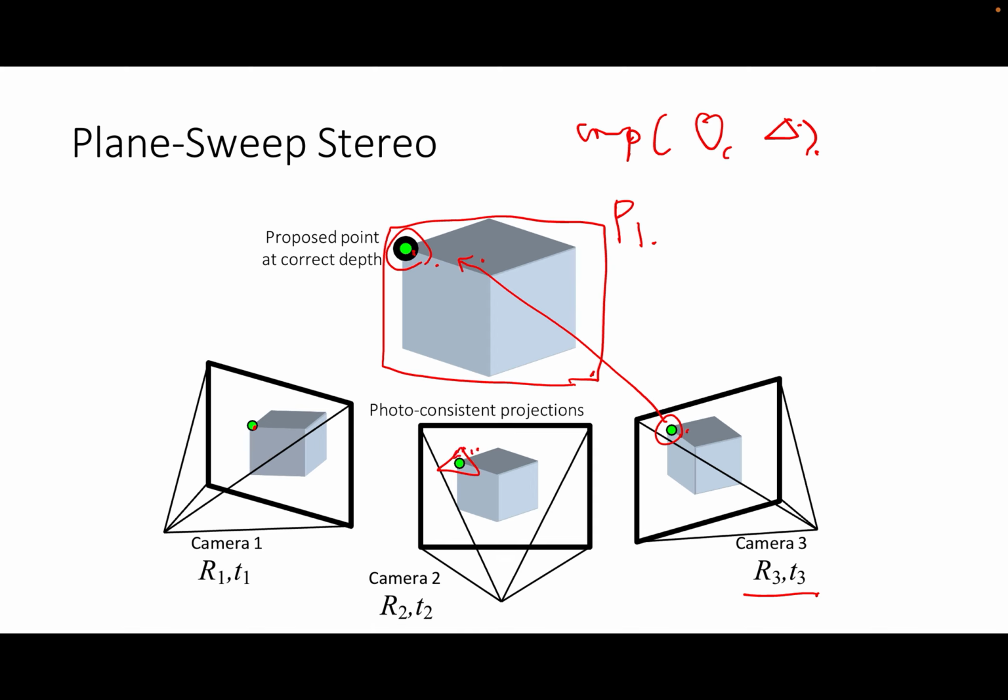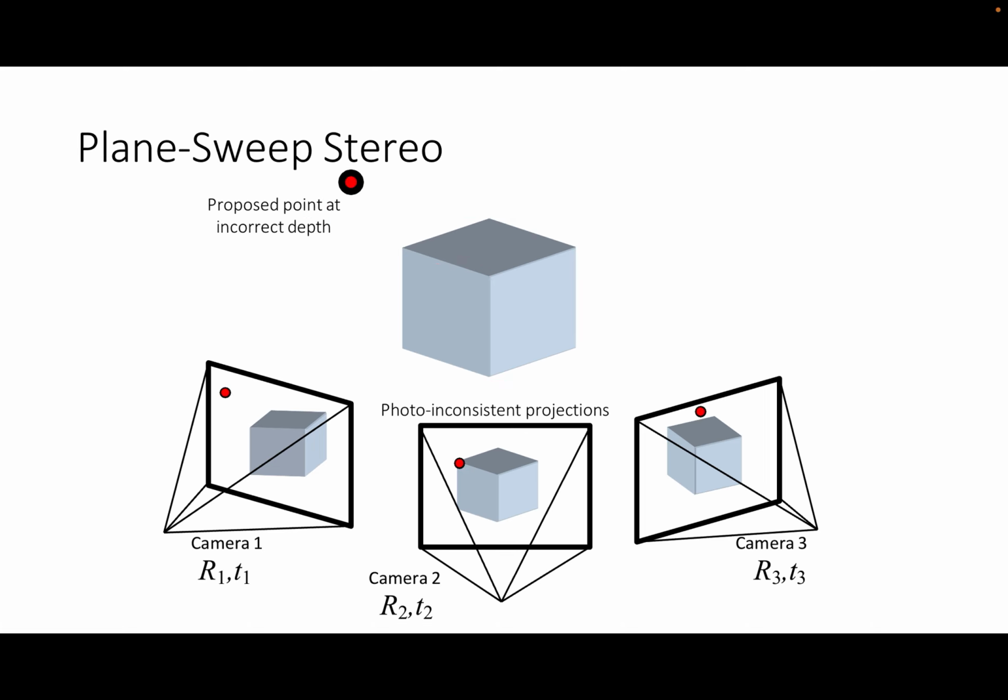So we'd like to compare circle and triangle. And here is a good case. The error between circle and triangle is almost zero, right? It looks almost the same. That means this is a correct depth. This point has correct depth, right? So we can get the depth value of this triangle pixel. The depth value of this point is correct, so we can properly get the depth value of this triangle pixel.